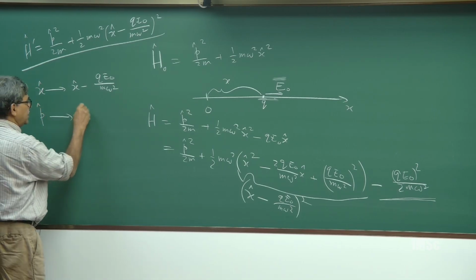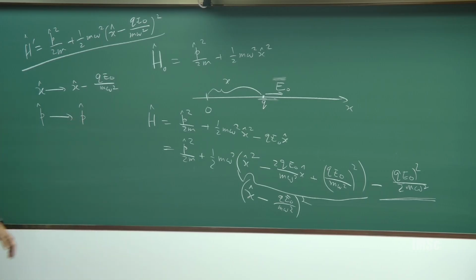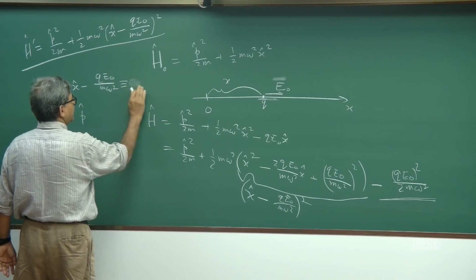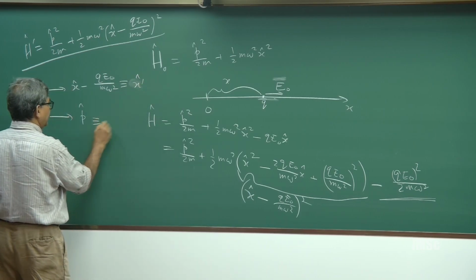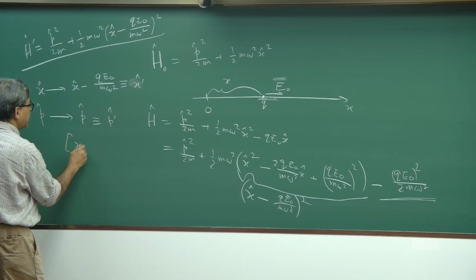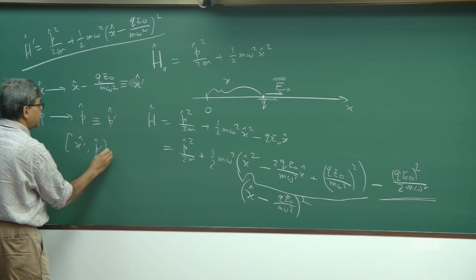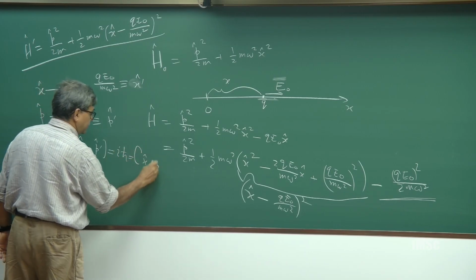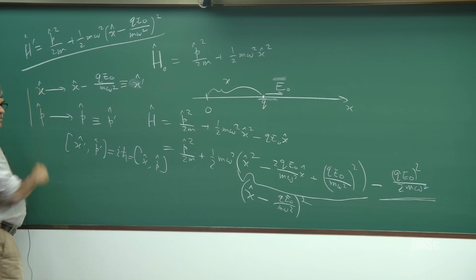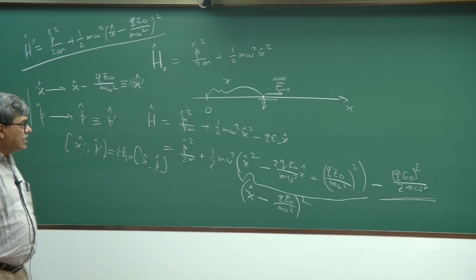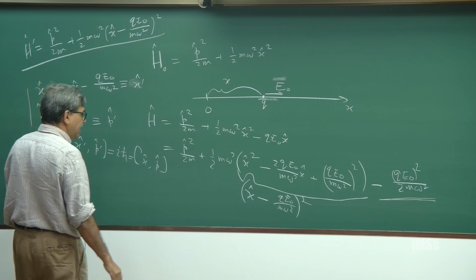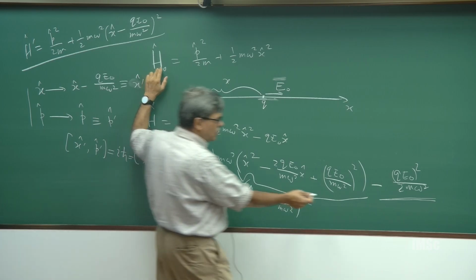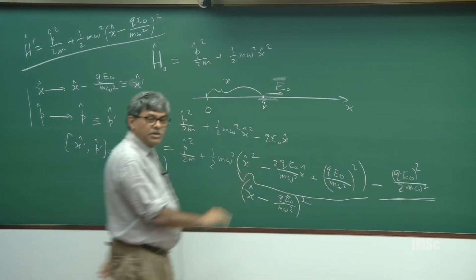So, this should go to P itself, because I have not done anything here, and you can see that if I call it as, let us say, x prime hat and this as P prime hat, then x prime and P prime, they satisfy the same canonical commutation relation as x and P. So, this is indeed a canonical transformation, right, and this canonical transformation at the level of Hamiltonian, see this is just a constant shifted energy. So, I do not bother about that.